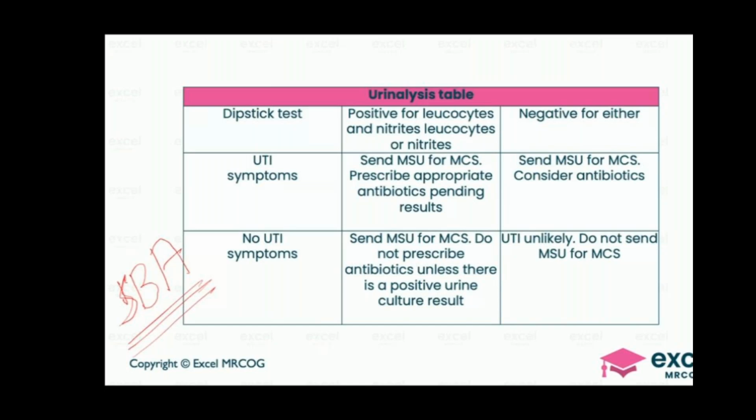And once you have sent the urine for culture and sensitivity, it takes time for the report to come, so you would start her on antibiotics pending results. You send her urine sample for culture and sensitivity and then start antibiotics. You don't want to start antibiotics and then send urine for culture and sensitivity, because the antibiotic that you give may sterilize the urine and then you will not get any bacteria growing.